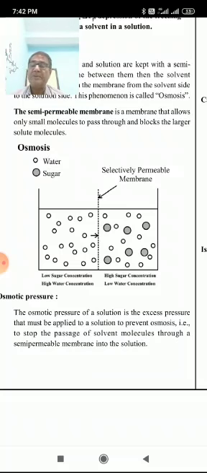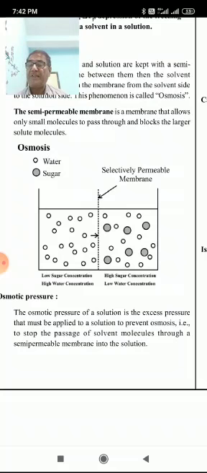The second one is the artificial semi-permeable membrane. It is prepared when aqueous solutions of potassium ferrocyanide and copper sulfate are mixed in a porous pot.